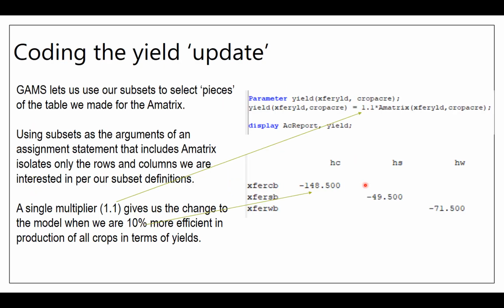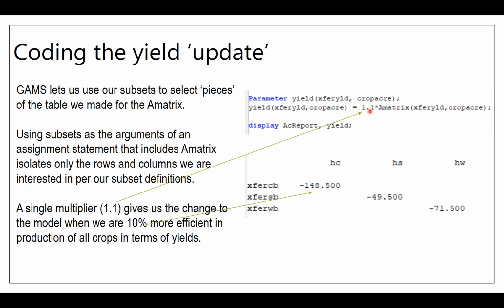And so you could write something like this that says, let's code in a yield update. So let's make a new parameter, and that parameter only works for transfer yield and crop acres. Okay, and so let's define that yield to be transfer yield and crop acre, right? So that's the left-hand side.